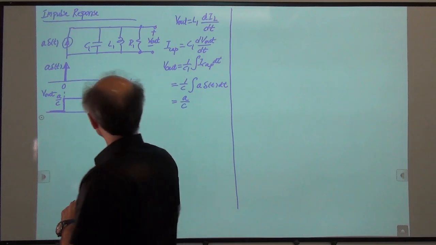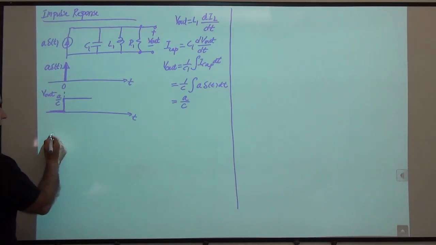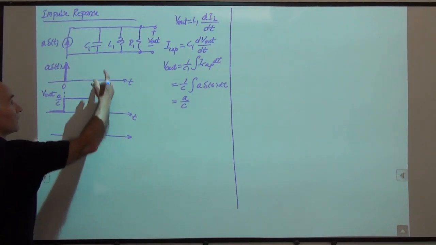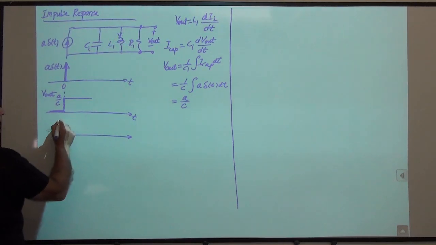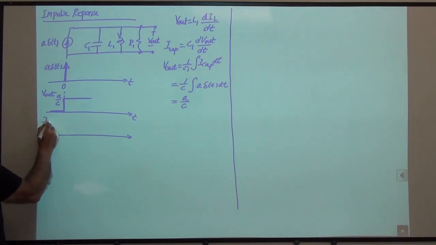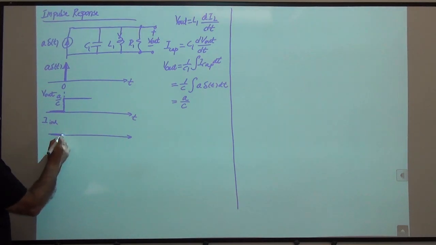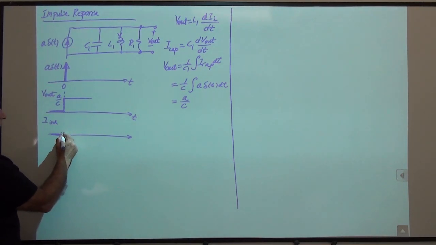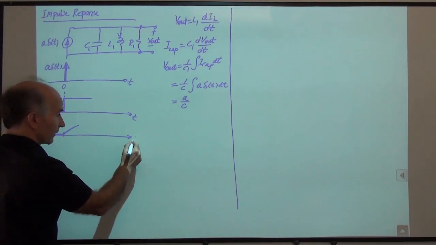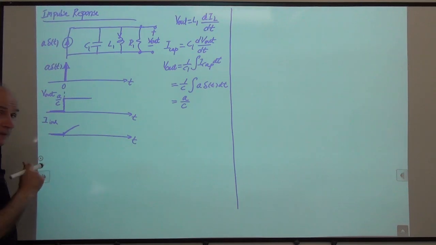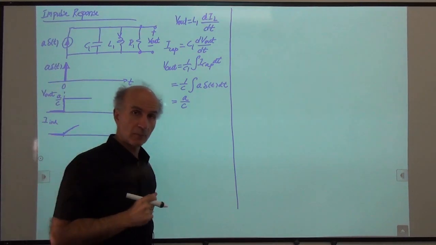All right? So what we know also is that the current through the inductor, for example, so let's call this I inductor, is 0. And it will probably want to go up, and it should, and we don't know exactly what happens and so on, but at time 0 plus, it's still 0. Okay?